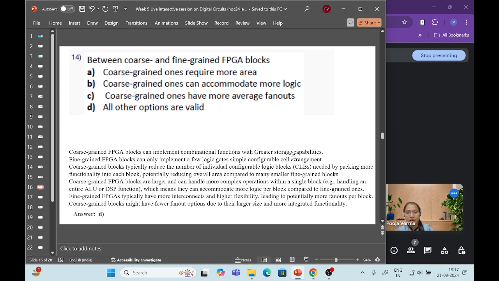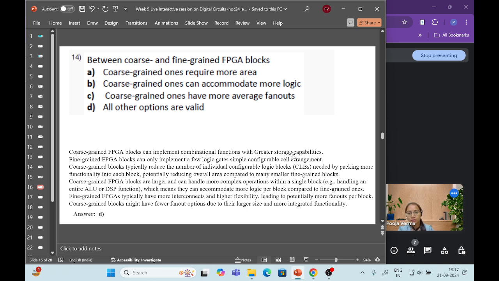So the coarse-grained FPGA blocks implement any combinational function, they can use mux, decoder, encoder, anything. But in a fine-grained FPGA block, we use only a few logic gates and it has a simple configuration.